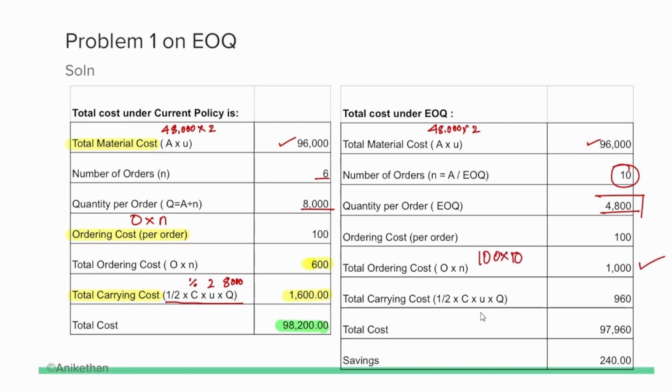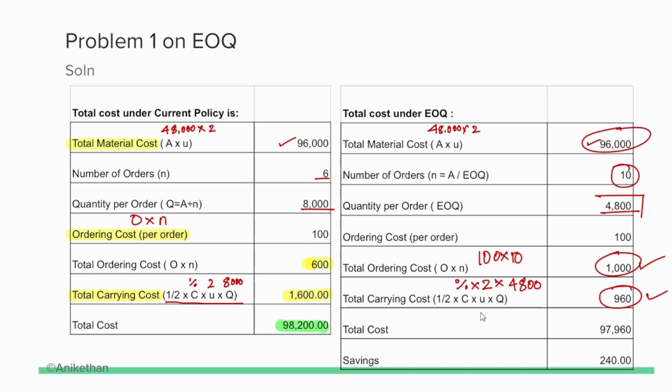So my ordering cost becomes 100 into 10, which is 1,000. Then carrying cost. What happens to my carrying cost? My C, the percentage, remains the same, which is 10% or 20% in this question. Unit rate, there is no change. Quantity, I have to place for 4,800. So this will be my carrying cost.